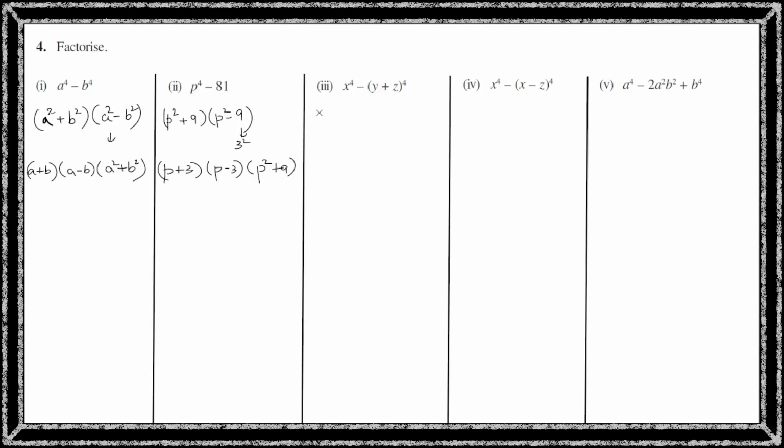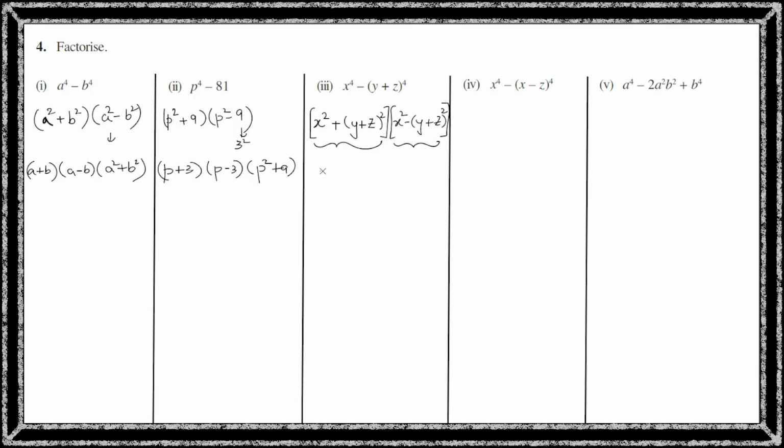Right. Now here I have x square plus y plus z whole square. This is my a plus b term into x square minus y plus z whole square. This is my a minus b term, right? Now what we are going to do is, we'll leave this as it is. This cannot be factorized. When it comes to this, this is again a square minus b square, which is a plus b into a minus b.